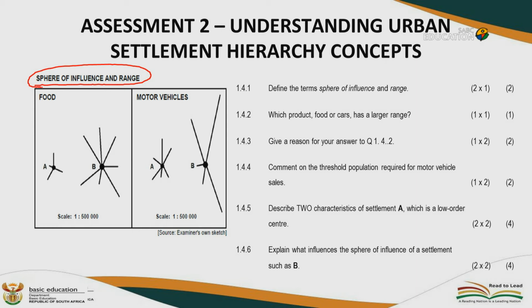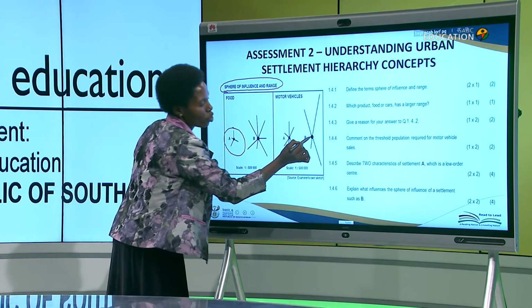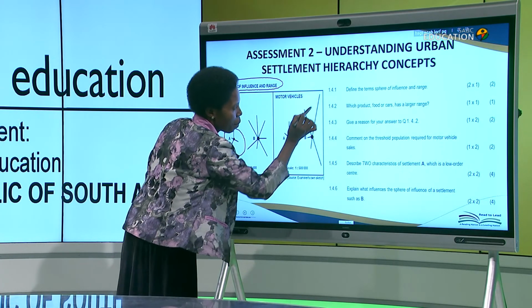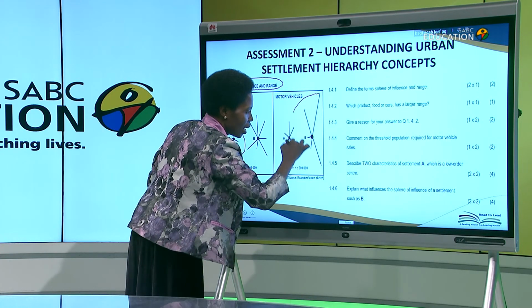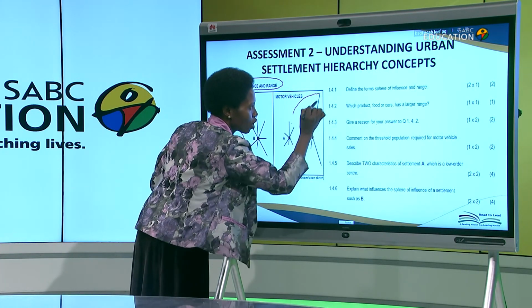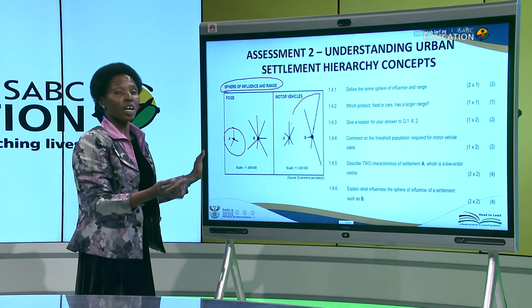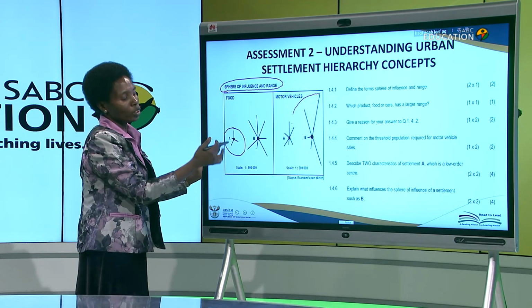We have food and motor vehicles. Check, A has a small range. It has a small sphere of influence when you compare it to B. B has a large sphere of influence. It has a wider range. That's how you study your annexure when you want to understand.